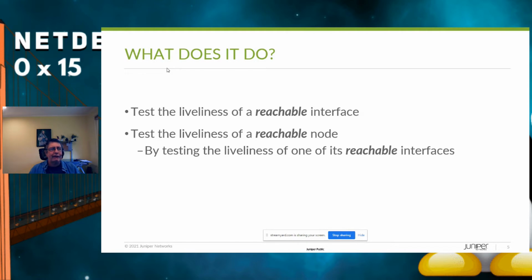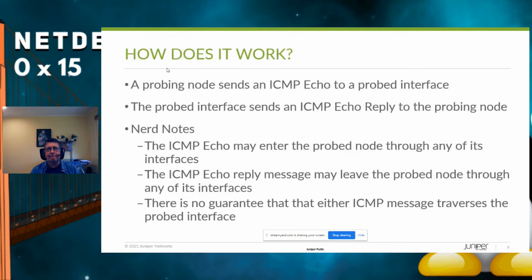Well, you're doing the ping from somewhere, a probing node, and the node that you're probing is the probed node. You need to have a route from the probing node to the probed node, and the probed node needs to have a route back to the probing node. Basically, you need to have bidirectional connectivity. And those words are going to be very important in just a second, bidirectional connectivity.